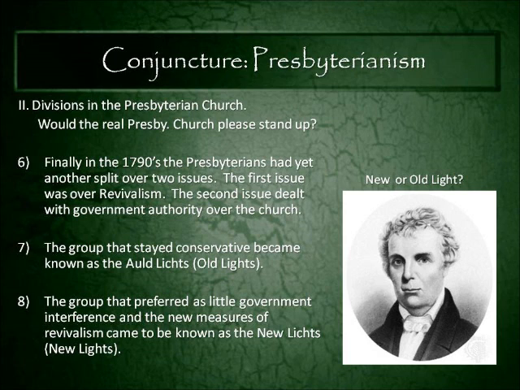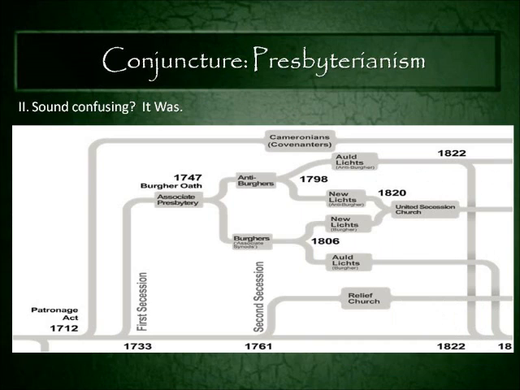And so we're going to see that even after a lot of these groups split from the Presbyterians, the New Light, Old Light question over revivalism is still going to be a dominant issue for the next few years. And so I'd just like to conclude by saying, if it sounds confusing, it was.